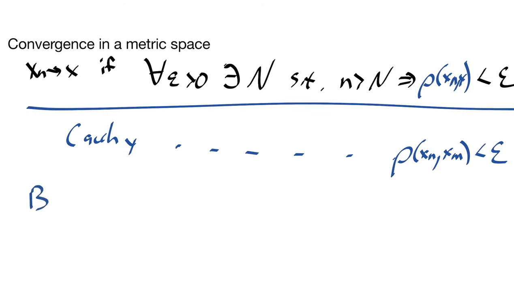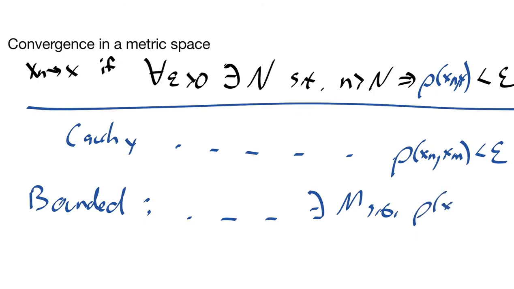Similarly, we could have the definition of bounded. We could use all of our bounded definitions that we have earlier, but instead we would say something like there exists an M such that rho of x and y is less than M for all. Maybe for bounded we might need some target point that we're comparing everything to.